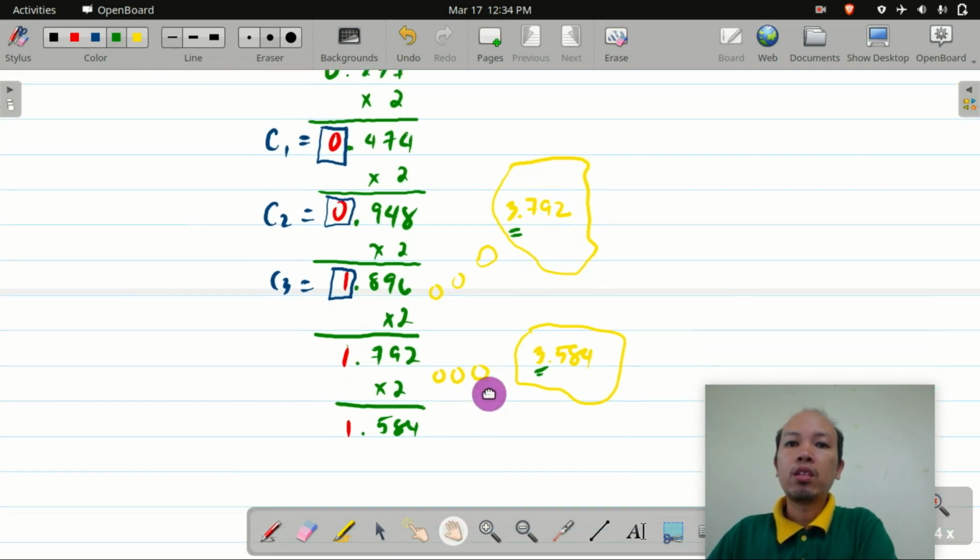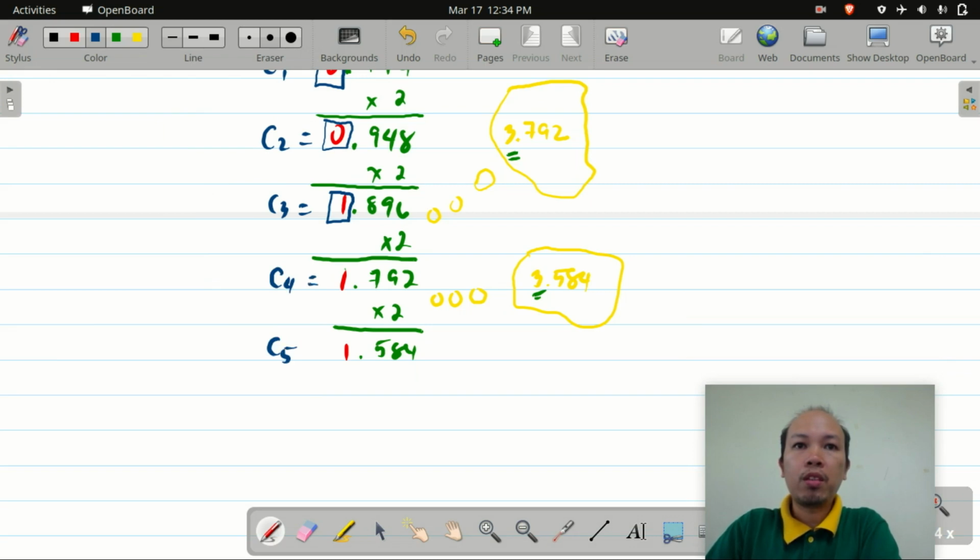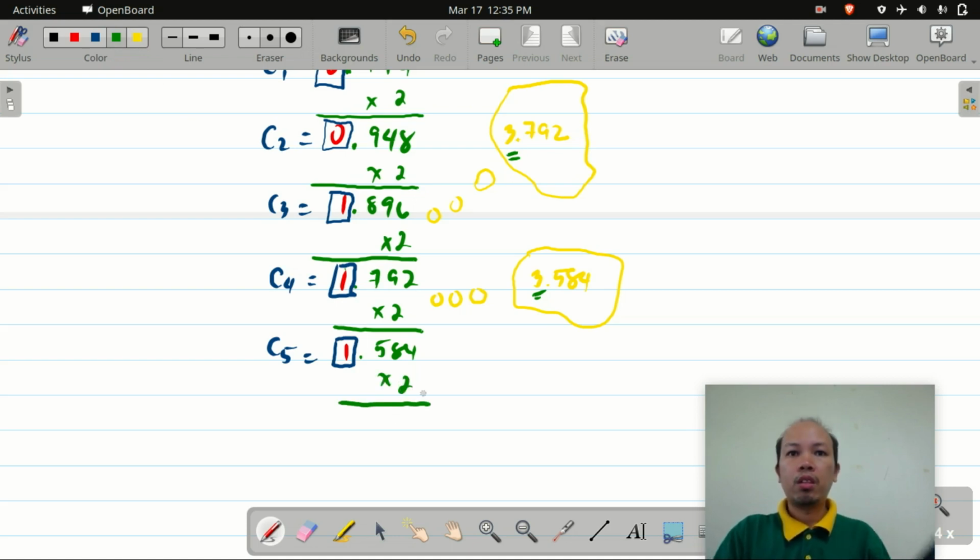Continue the process. We have C sub 4 here, C sub 5 here. 1.584 times 2 is 3.168, so replace the 3 again by 1.